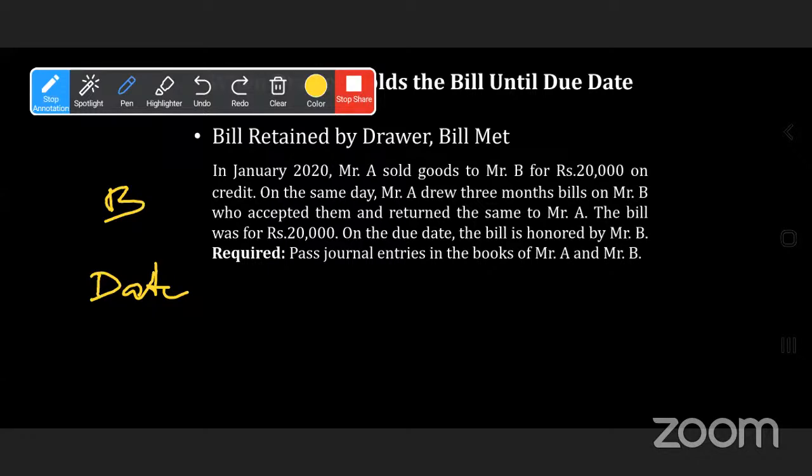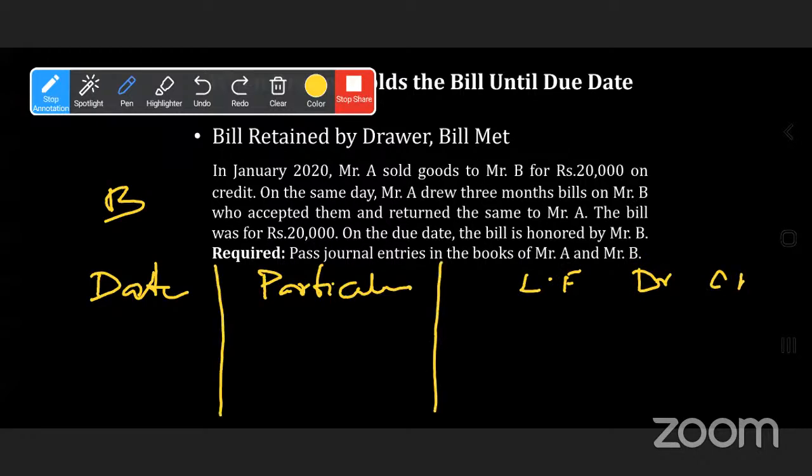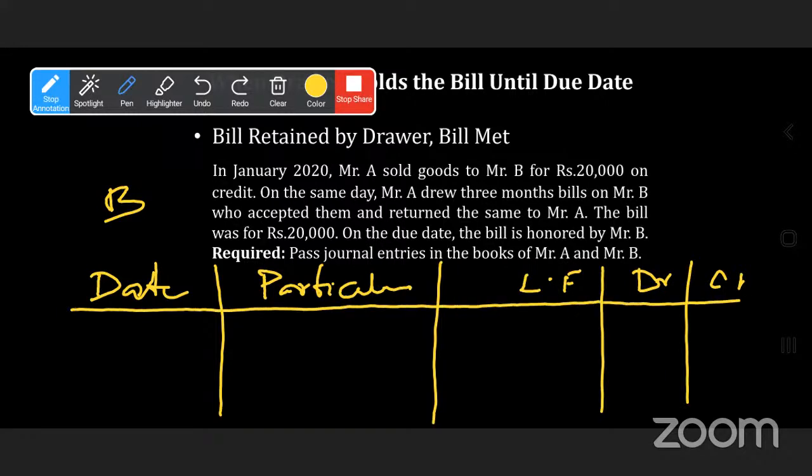So these are the particulars, ledger folio, debit, credit. So like this, you have to prepare the form. This is the format of journal entries. Got it?